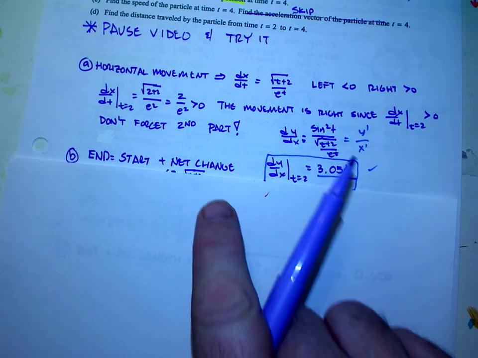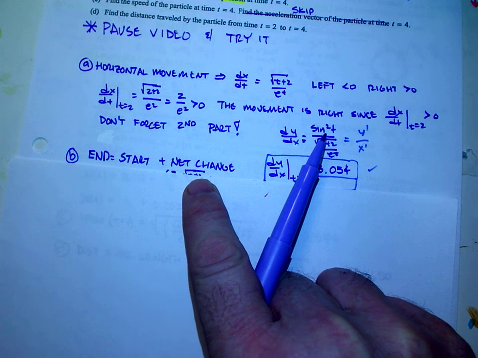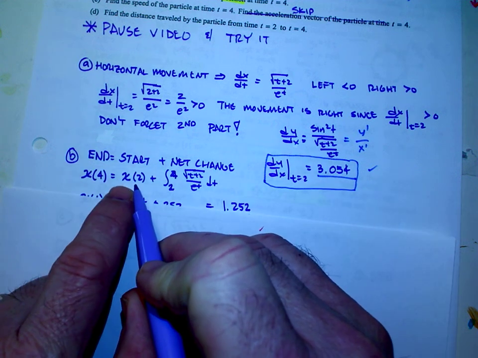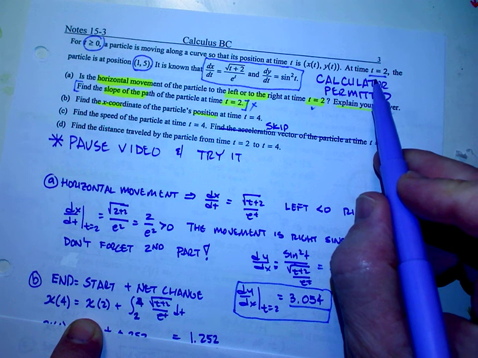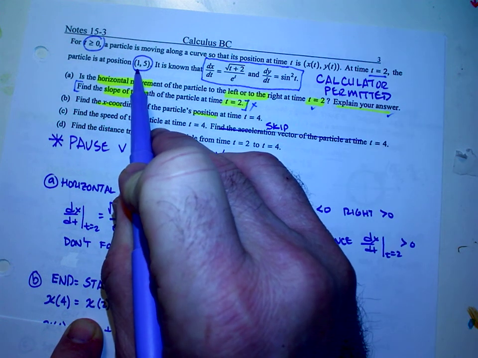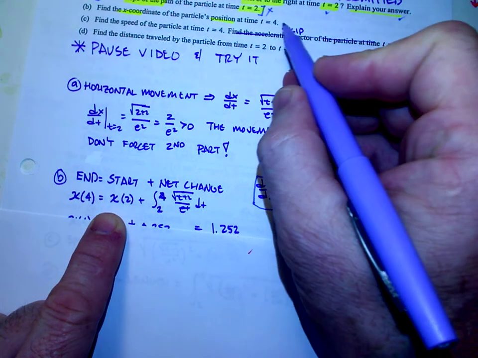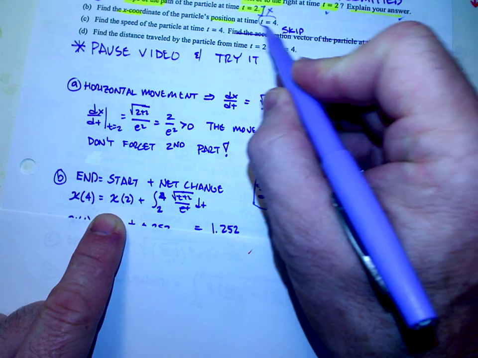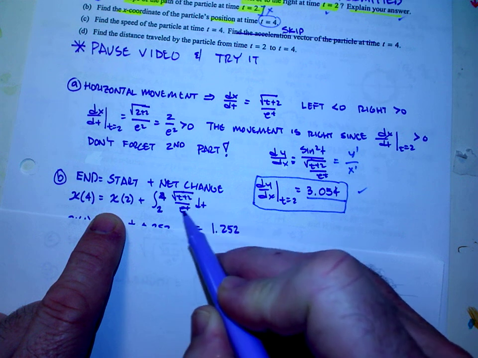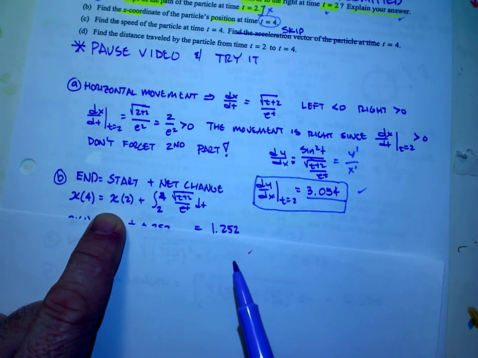And that helps us see exactly where to solve this one, because in the very beginning it told us that at t equals 2, x would have the value of 1. And we're looking at this for when t equals 4. So we'll integrate this from 2 to 4. We have our dx dt given to us.